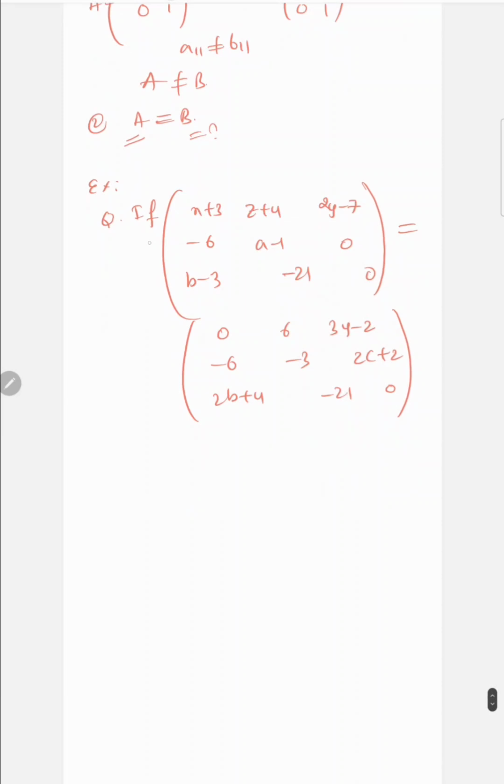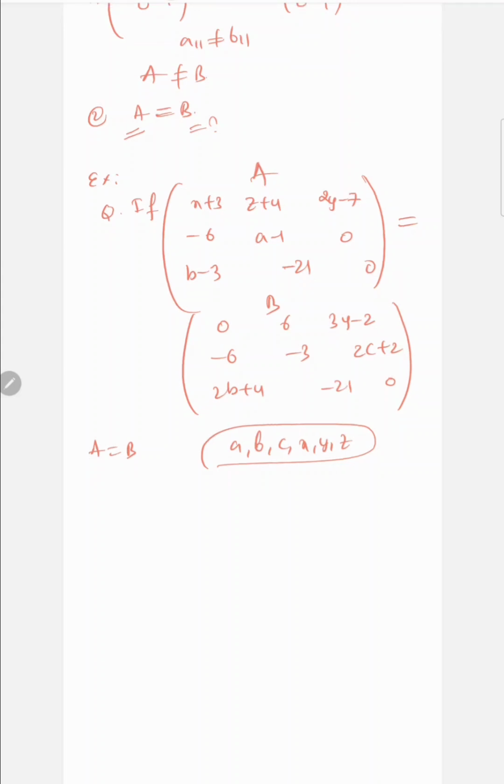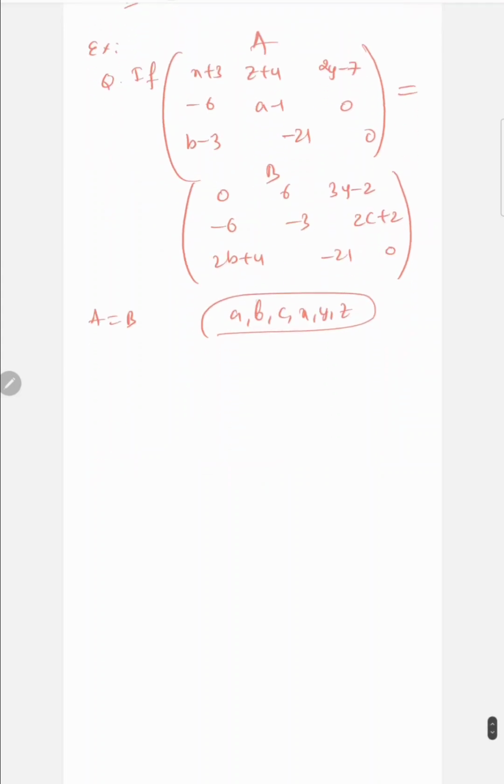So they have given, suppose I take this as matrix A and this as matrix B, that A is equal to B, then we have to find the values of a, b, c, x, y and z. Because they have just given that A and B are equal matrices, find the values of the unknowns a, b, c, x, y, z.